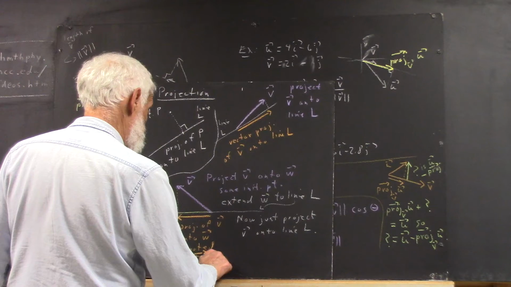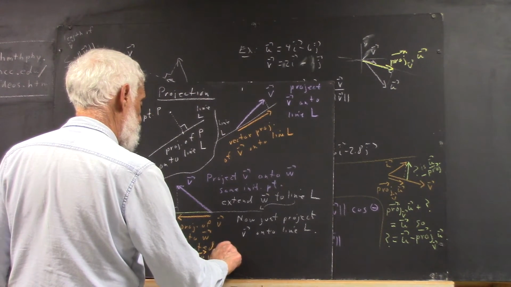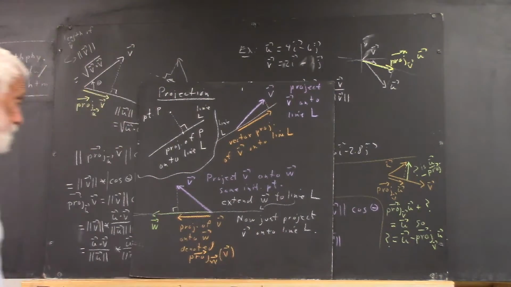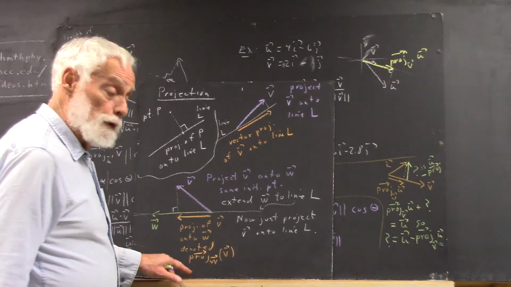And then we put W as a subscript, projection onto W of the vector V. That's the rule for the projection.